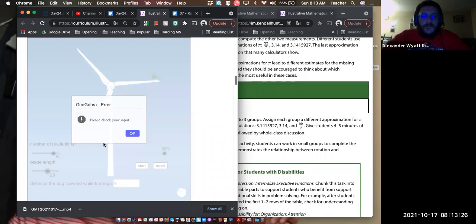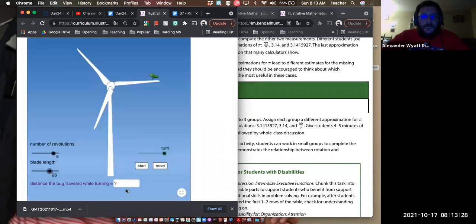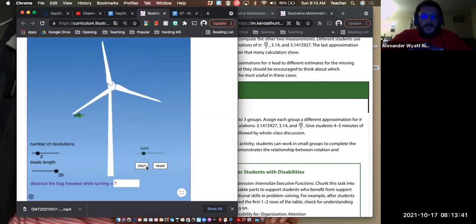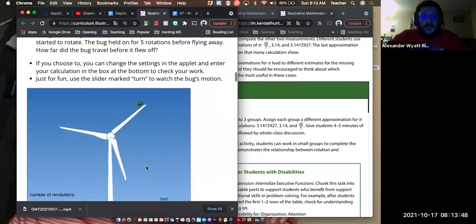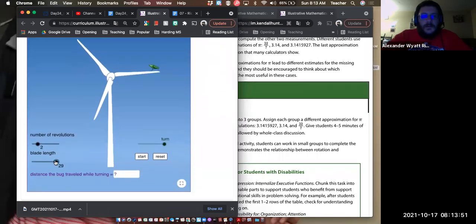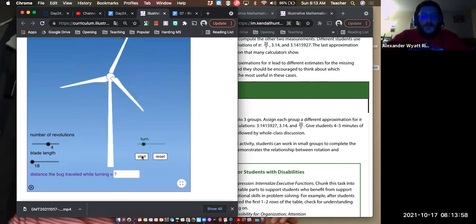Now, if you increase the blade length, oops. Start it, or reset it. Wow. Make it really short. Reset it. Start it. Is it shorter?